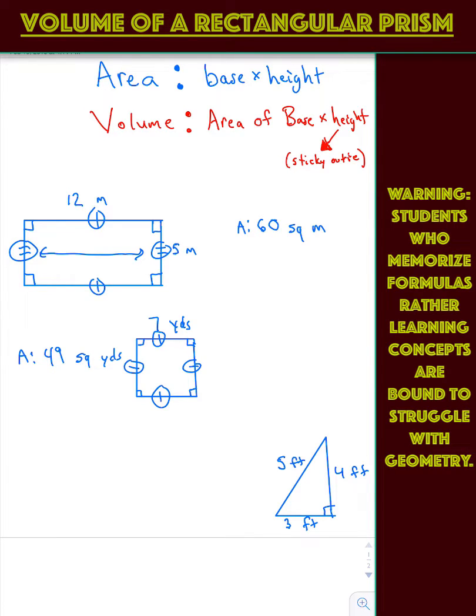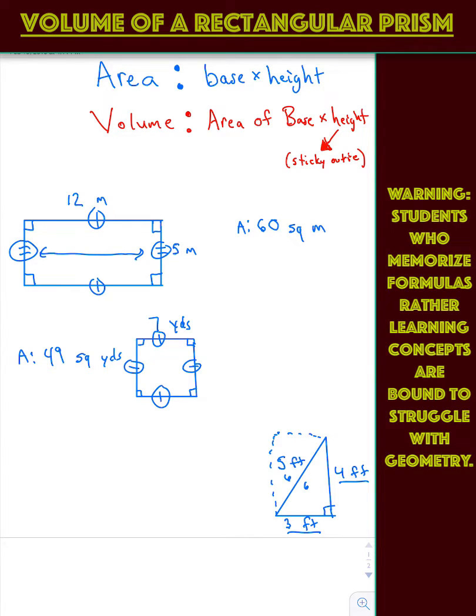Finally, we have a triangle here. And we said in an earlier session that if I were to extend this to a rectangle, the rectangle would be 4 by 3. So the rectangle would be 12, which makes each triangle 6, because 6 plus 6 is 12. So the area of the triangle is 6.